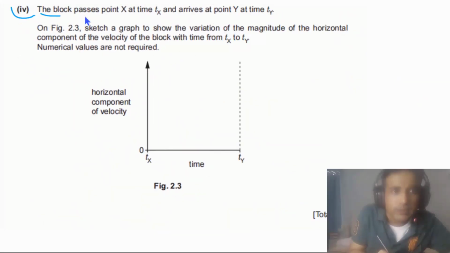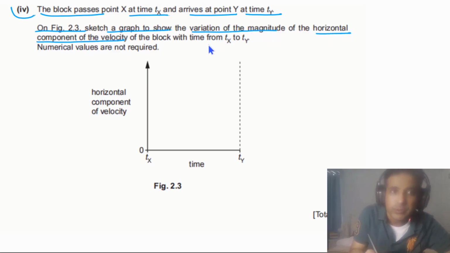Part 4 says the block passes point X at time tx and arrives at point Y at time ty. On figure 2.3, sketch a graph to show the variation of the magnitude of the horizontal component of the velocity of the block with time from tx to ty. Numerical values are not required.